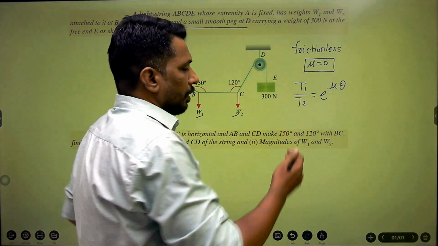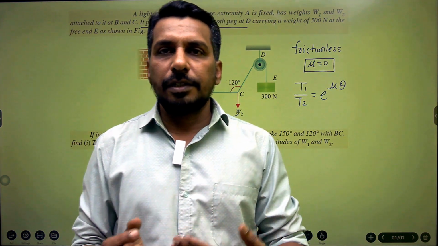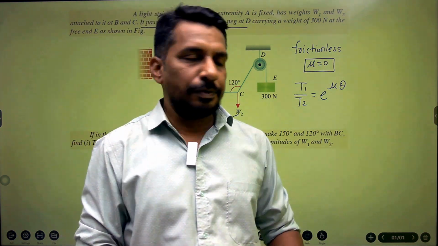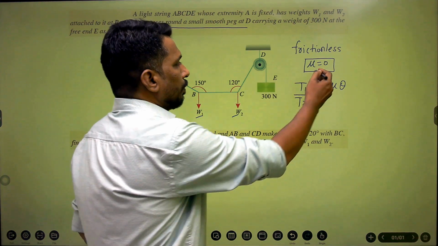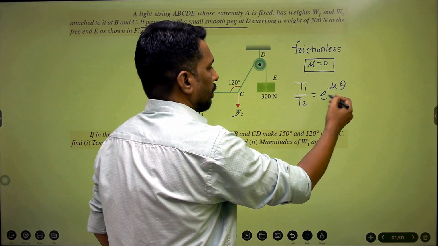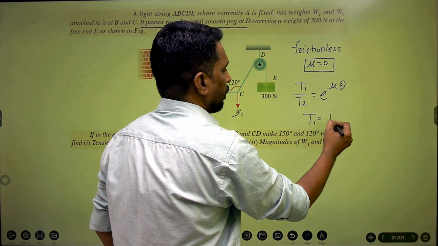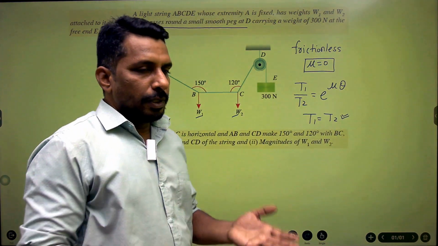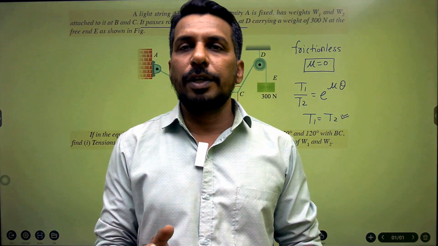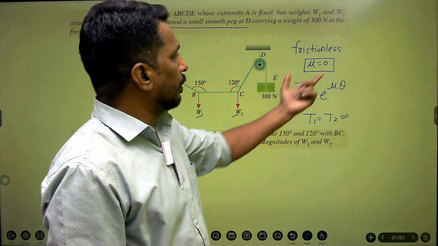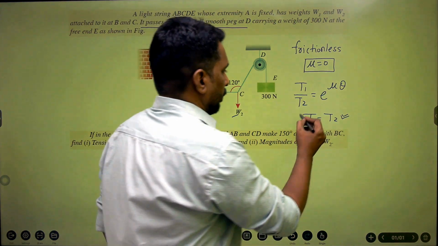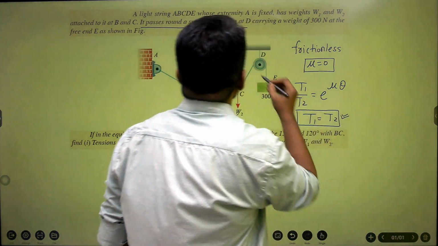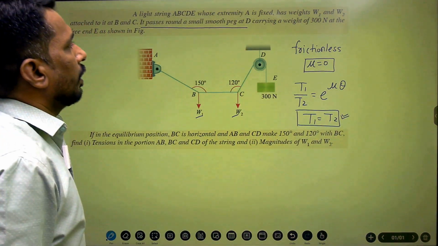T1 is the tension on the tight side and T2 is the tension on the slack side. Now in this case mu becomes 0, so e raised to 0 becomes 1, so T1 is equal to T2 in this case. So tensions on both sides of the peg or the pulley are the same in this condition because mu is equal to 0. That's why this statement is very much important.